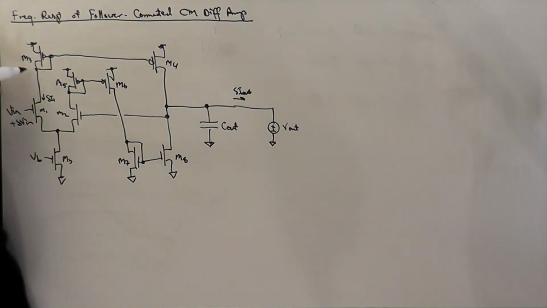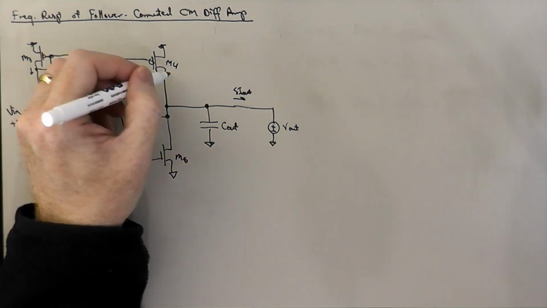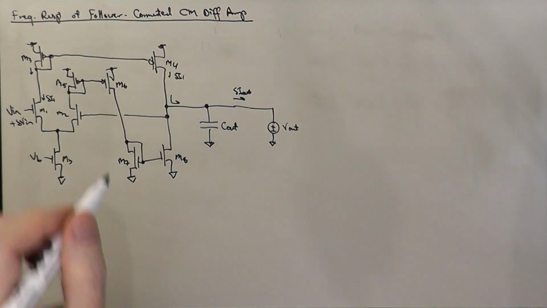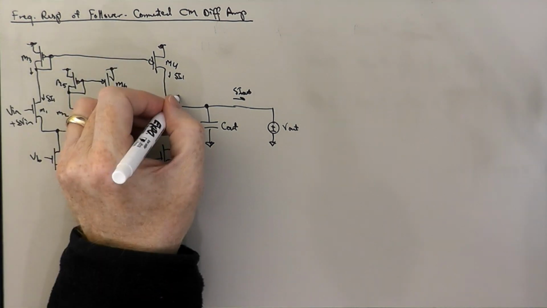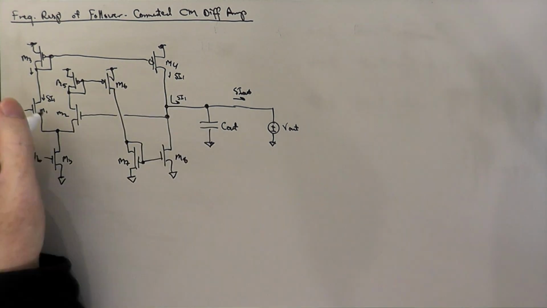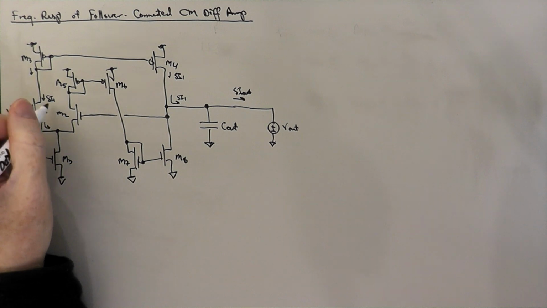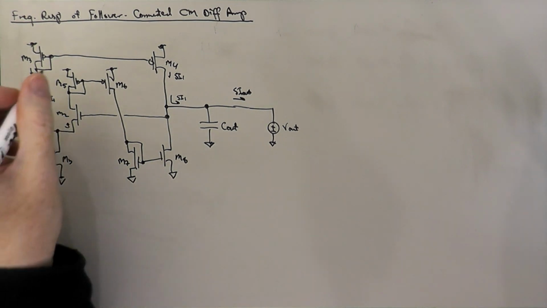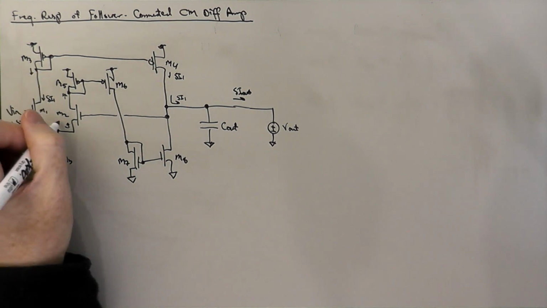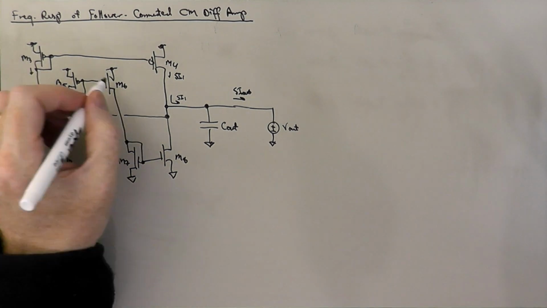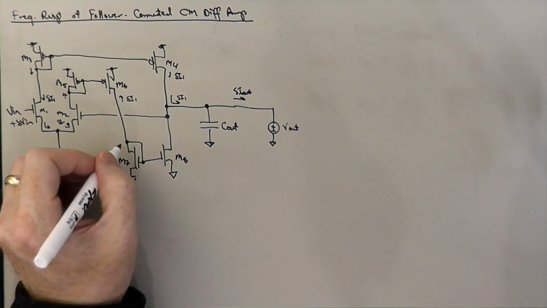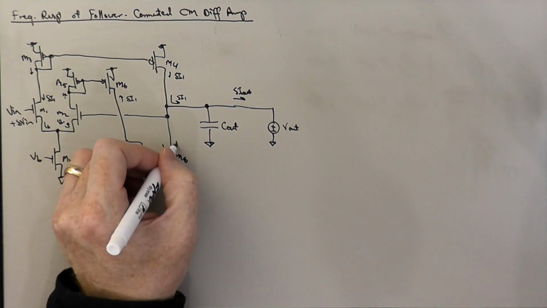That delta I1 gets mirrored by M3, M4, and it all comes out, for the same reasons that we talked about last time. The delta I1 flows back around here and flows back up the source of M2 and is mirrored by M5, M6, and then by M7, M8.